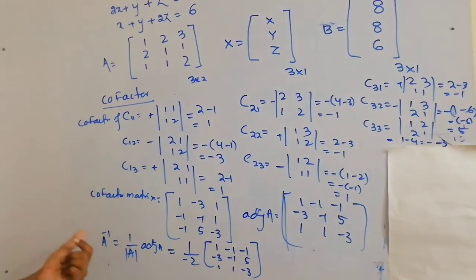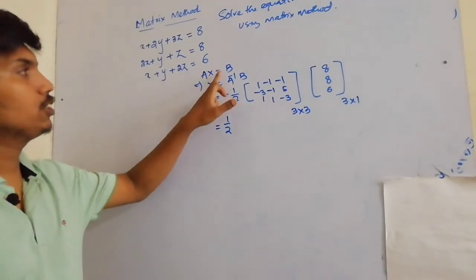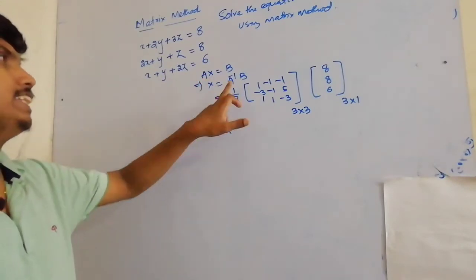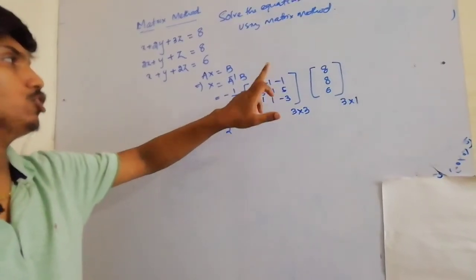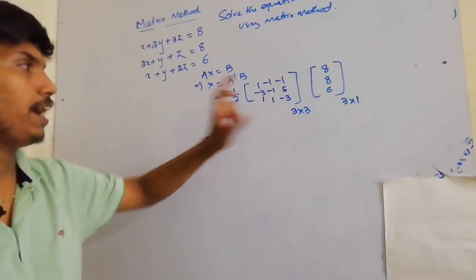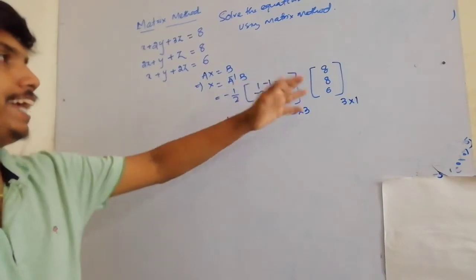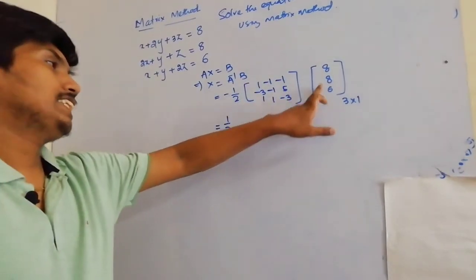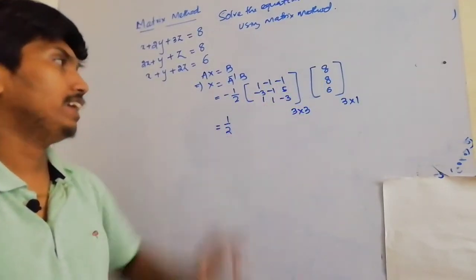Now we put the A inverse in the equation. The equation is Ax is equal to B, and x is equal to A inverse B. Putting the value of A inverse, that is minus half times 1 minus 1 minus 1, minus 3 minus 1 5, 1 1 minus 3, and the value of B is 8 8 6, the constant matrix. Now you have to multiply these two matrices.